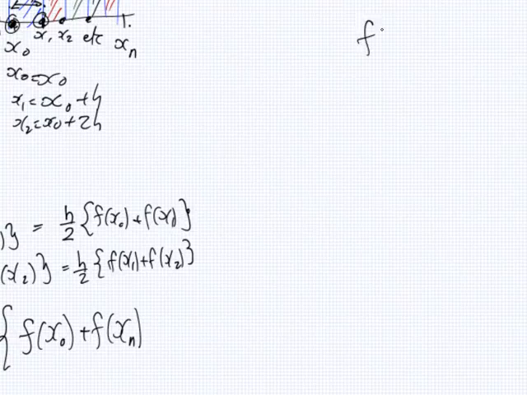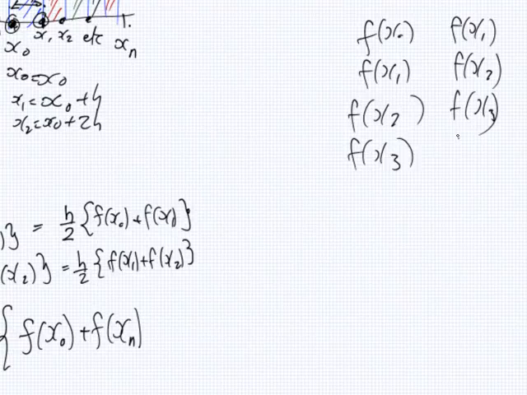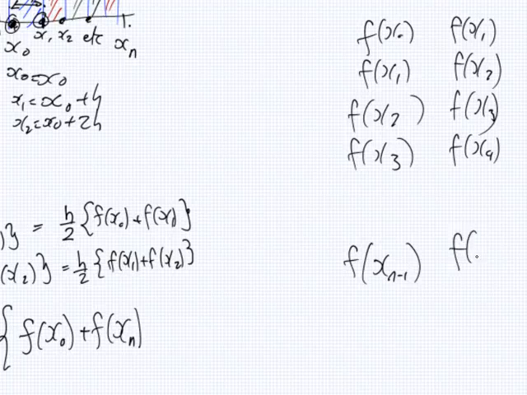I have f(x0), f(x1), f(x1), f(x2), f(x2), f(x3), f(x3), f(x4), and this will continue until the last one, f(xn minus 1), f(xn).